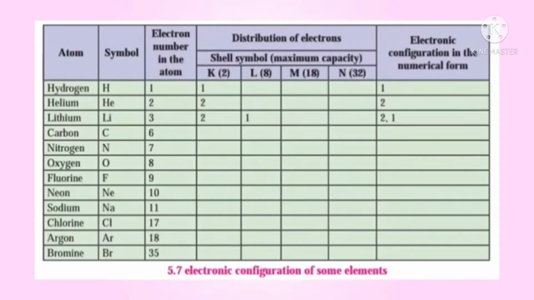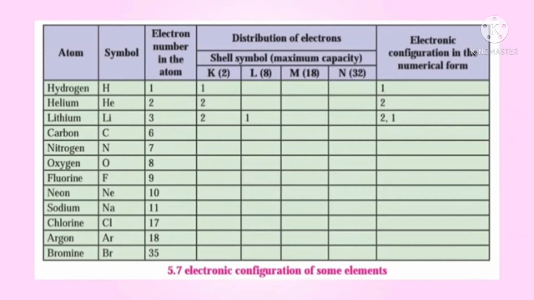Now this chart is also given in your textbook. It is showing the electronic configuration of some elements. You have to draw the same chart in your notebook also, and you can use the 2 joining pages for drawing this chart if it does not fit in your notebook. So here we will see one by one which columns are given.